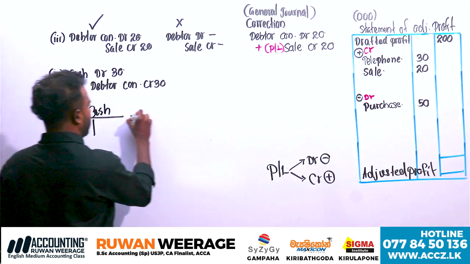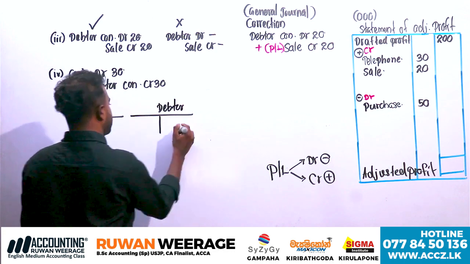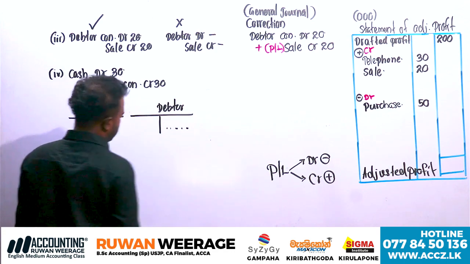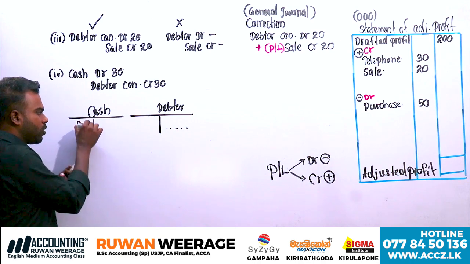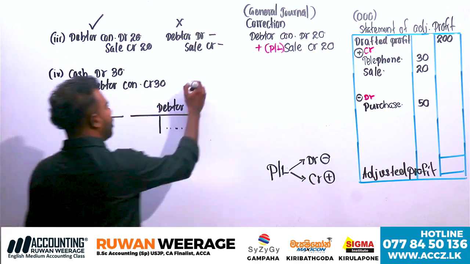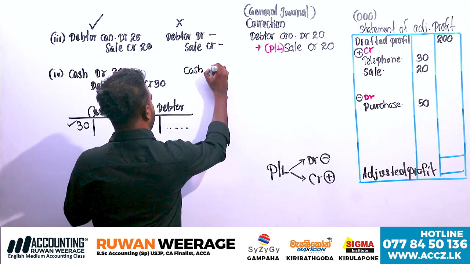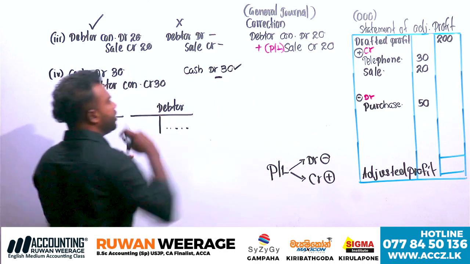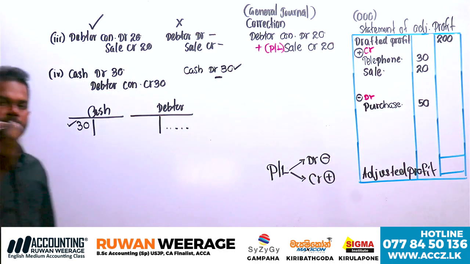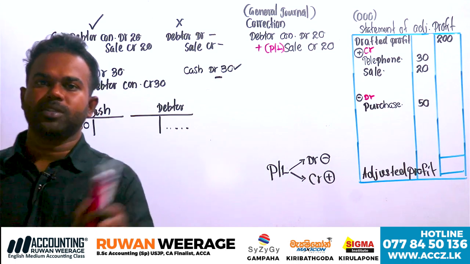Debtor credit 30. But what's the error? The question says not recorded in the debtor account. But is anything mentioned about cash? No need. Therefore, the cash account is now properly recorded. Cash debit 30 properly, but nothing recorded on the credit side. Therefore, debit and credit are not equal. How much is the difference?